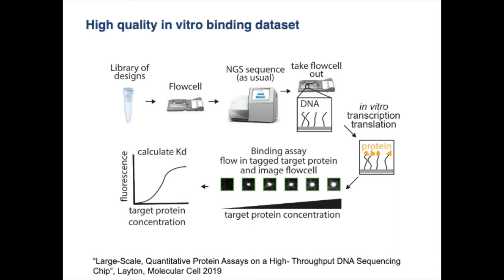And the trick is that you can just sequence that flow cell ahead of time in order to figure out the position of all million library members that you've put on that chip. And then when you do your microscopy experiment, you already know which library member is in which position in your image.